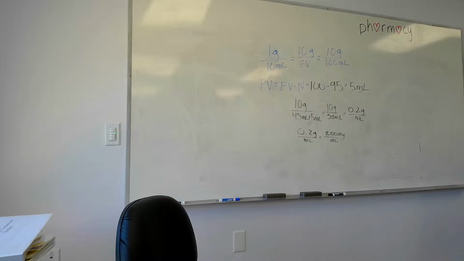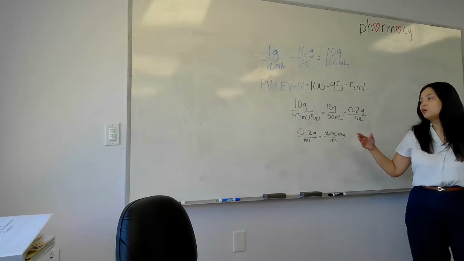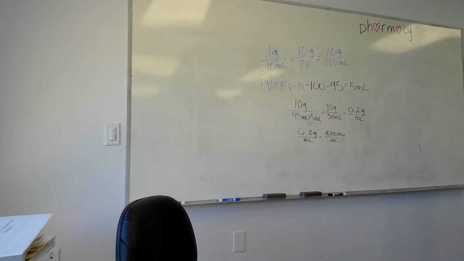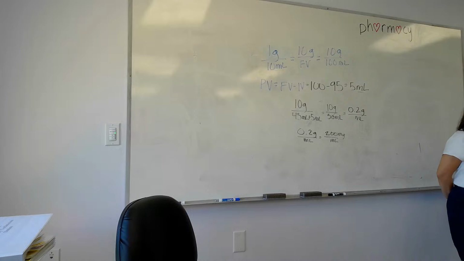So your answer should either be calculation-wise 0.2 grams per ml, or if you're asking in milligrams, 200 milligrams per ml. Did you see? This is a common problem in the PTCE because it wants you to know that you know concentrations very well.